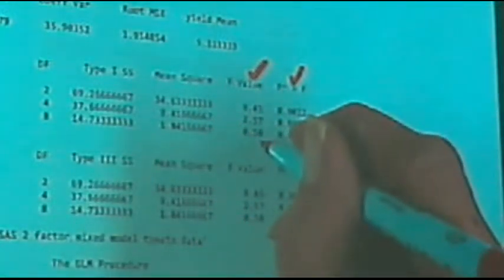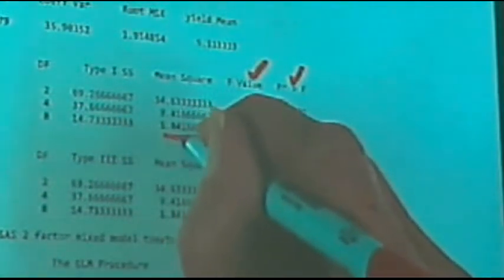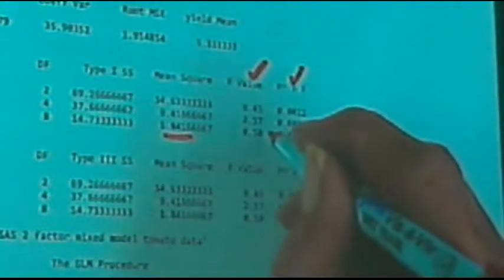I see the F statistic is 0.5, but that would be the mean square of 1.84 divided by the mean square error, 3.66. And 1.84 divided by 3.66 looks like about 0.5. So that's the F ratio here. It's mean square AB divided by mean square error.